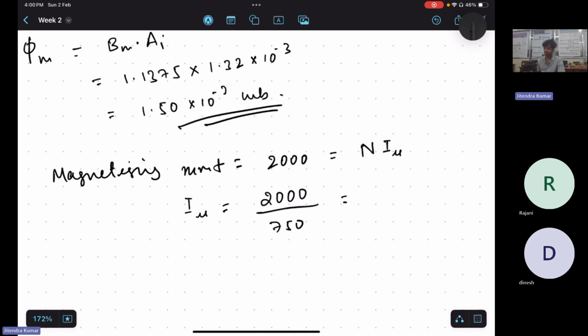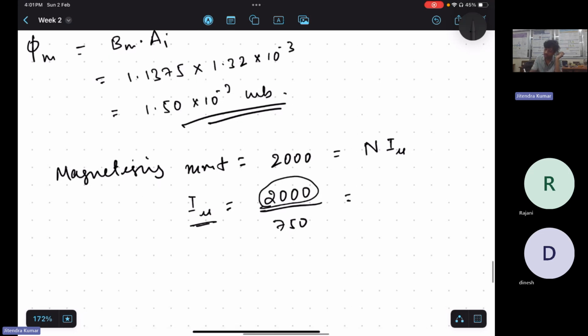Now, which value is this magnetizing current? Is it RMS or maximum value? This is the maximum value. See, the MMF is given based on the maximum value, so it is already the maximum value. If you want to calculate RMS, you have to divide it by root 2.